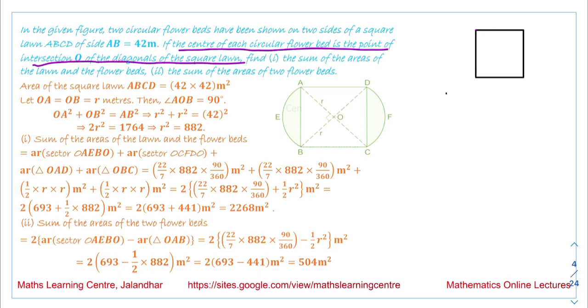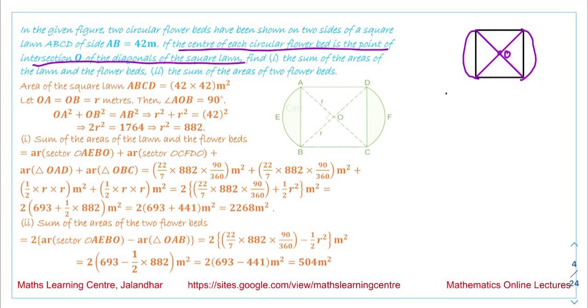So suppose these are the diagonals of this square lawn, and this point is O. Now this is the center for these two flower beds that we have over here.